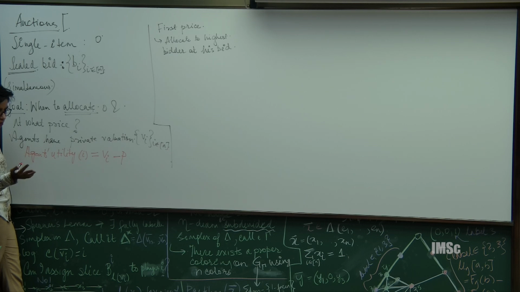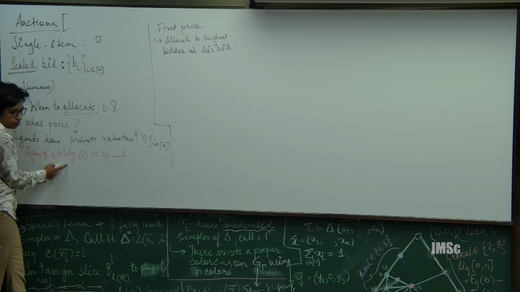Yes, the utility is a profit, except the word profit is something we reserve for other things where you are basically selling. From the seller's perspective, it is like a profit if I can sell it at a price higher than what I expected and so on. So, we do not use the word profit, we use the word utility.